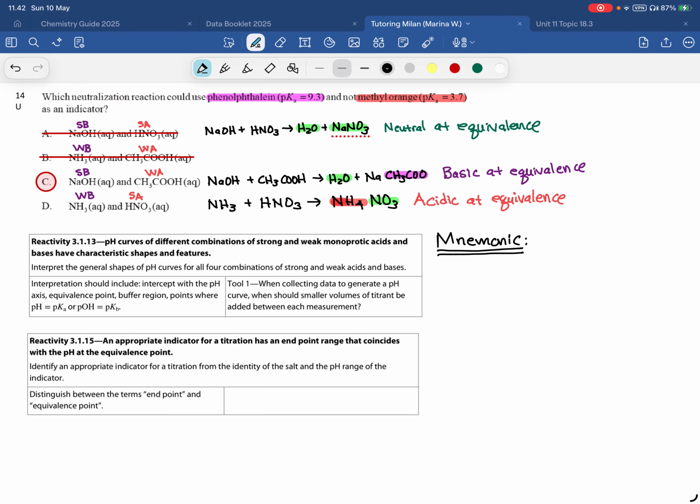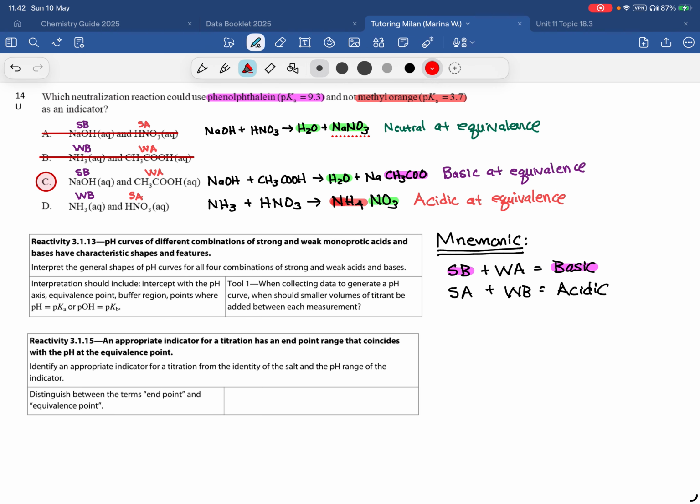But basically, the shortcut way of thinking about it is strong base plus weak acid is going to be basic. In other words, look at whether it's a strong base with a weak acid. And a strong acid plus a weak base is going to be acidic.